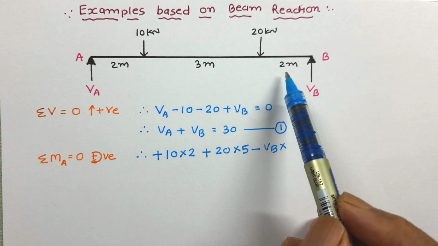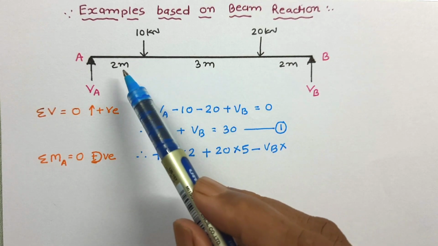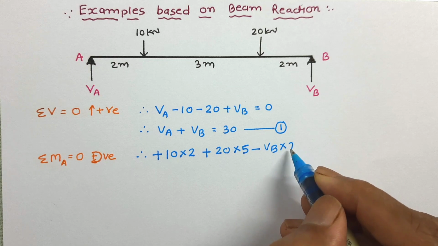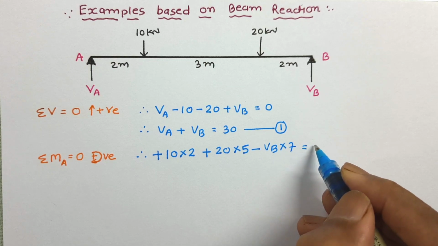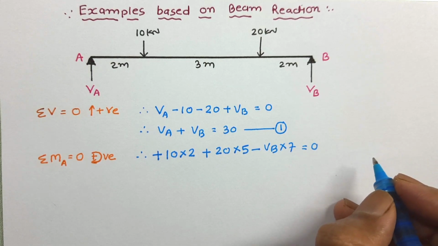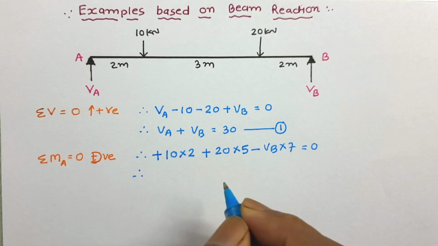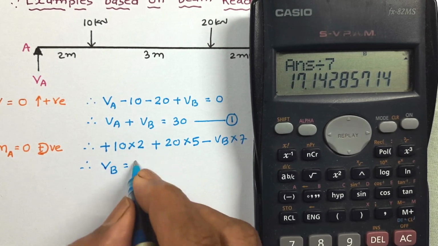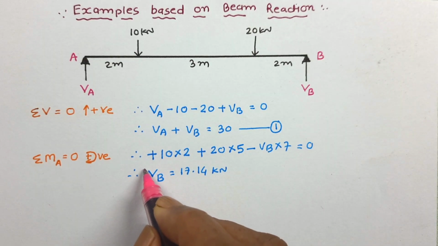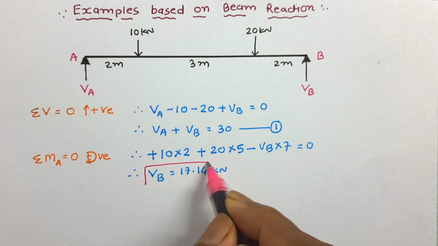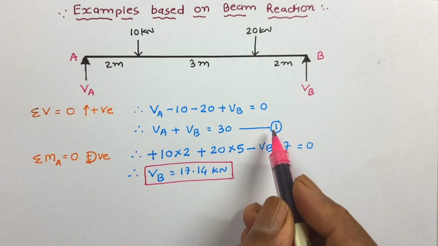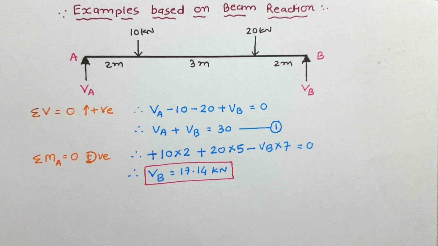So that is equal to span of beam 3 plus 2 plus 2. So it will be 7 and the algebraic sum is 0. So let us solve this to work out VB. So we have got the vertical reaction VB. Now we will substitute this value in equation number 1 to get VA.